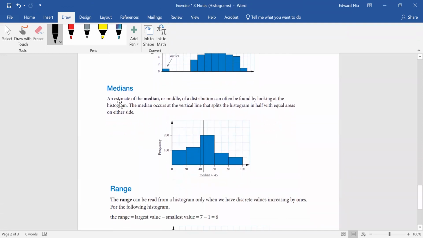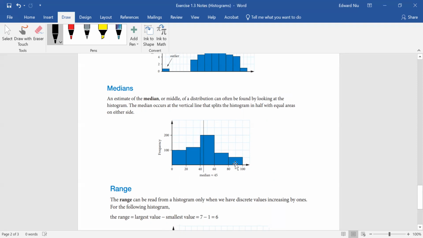Medians here, well, whenever we're dealing with a continuous histogram, 0, 20, 40, 60, where the numbers are on the vertical lines, we can only roughly estimate where the middle is. Okay, so if we say there's 100 here, there's roughly 125 there, 200, so you add them all together, 100, 225, 425, 500, 550.